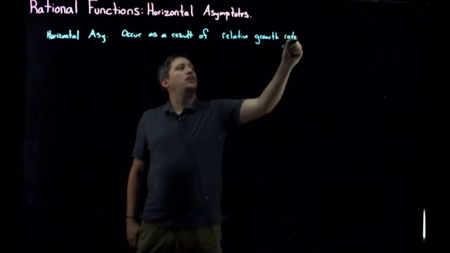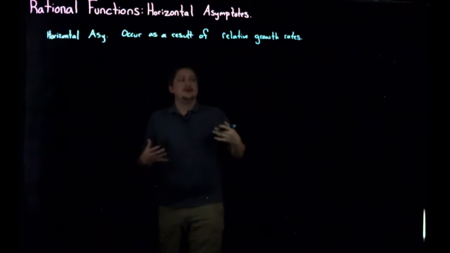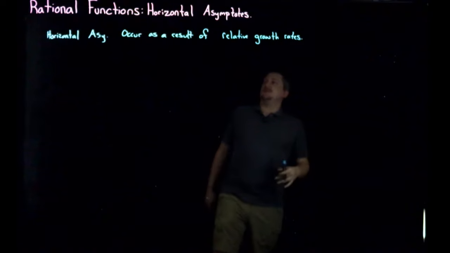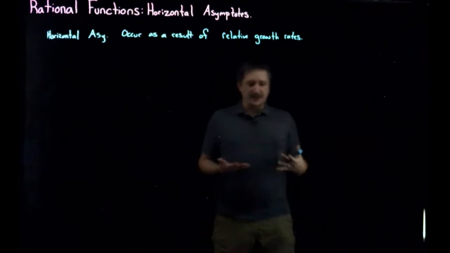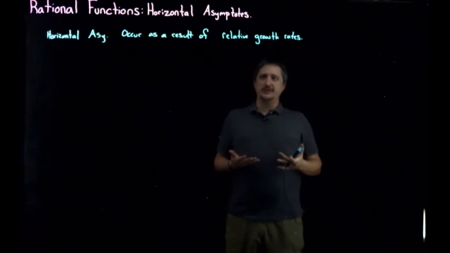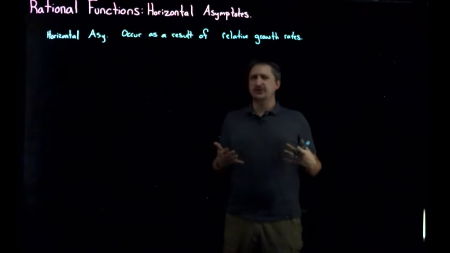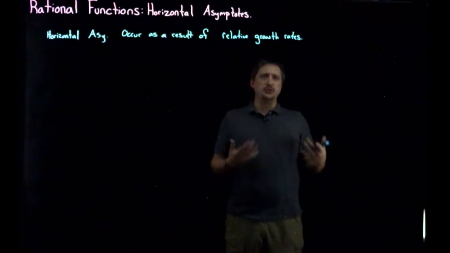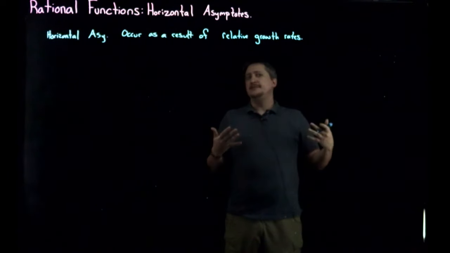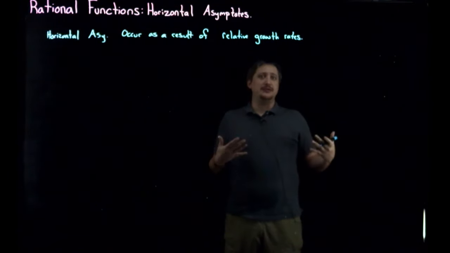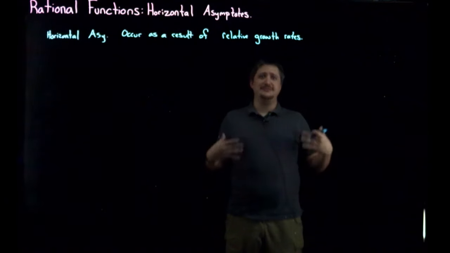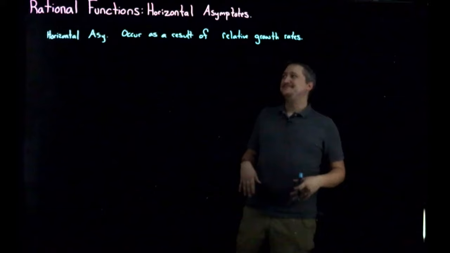Now, growth rates is a phrase I've thrown around a couple times while talking about rational functions, because one of the main things to use for rational functions is to study relative growth rates. Unfortunately, the tool that you need to study growth rates are derivatives, and derivatives need limits, right? You're catching some repeating themes here.